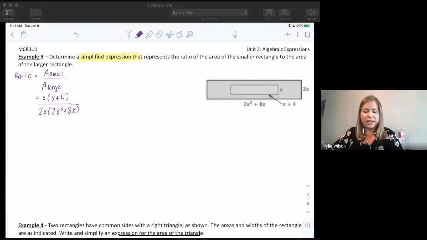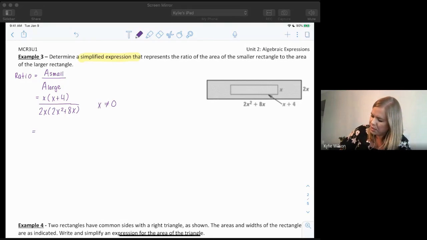And now let's take a moment to check for some restrictions. We do have that x all by itself, so that means that x cannot be 0. And we can't really see the other ones yet, so let's just leave it for a moment and we'll get to the rest after.